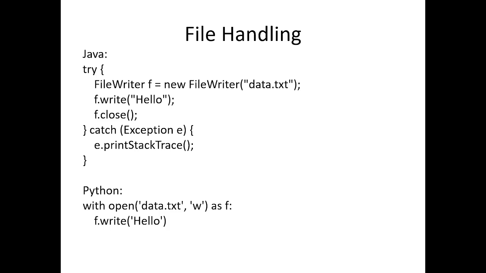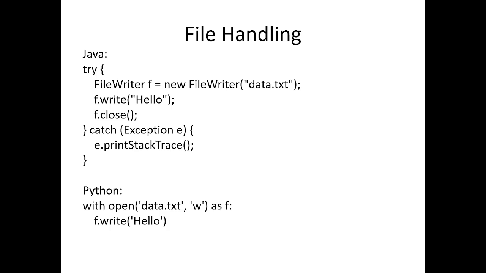There are many ways to do that, so I am just showing one of them, which is FileWriter. Using new FileWriter, which file do I want to add to? Data.txt. The file object is in the java.io package. So f.write hello, and this hello will be written in the data.txt file. After writing that, my work is done, so I am closing the file object.